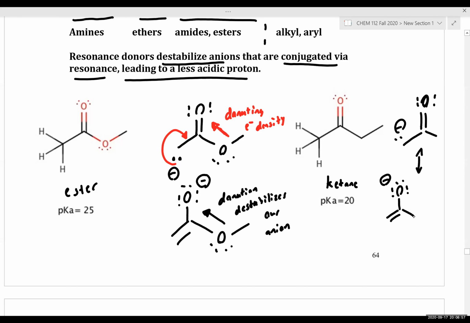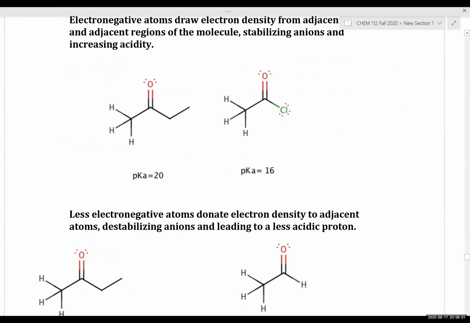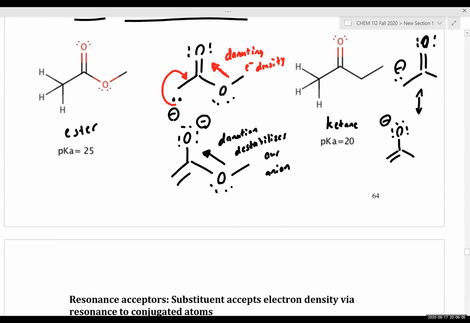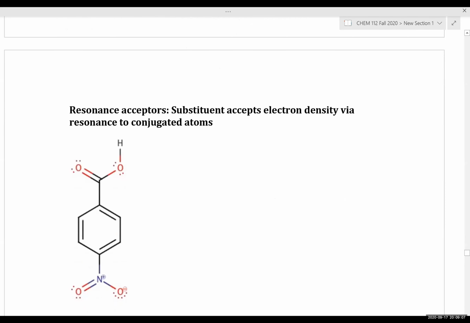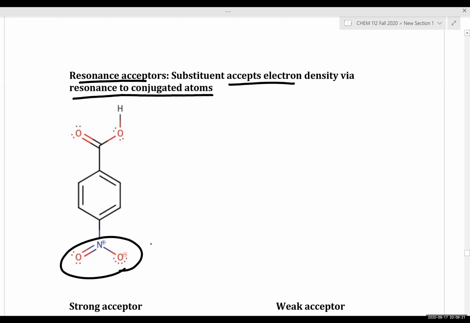Okay, so let's keep going now. So resonance acceptors. Resonance acceptors are substituents that accept electron density via resonance to conjugated atoms. So this nitro group is an example of a resonance acceptor.